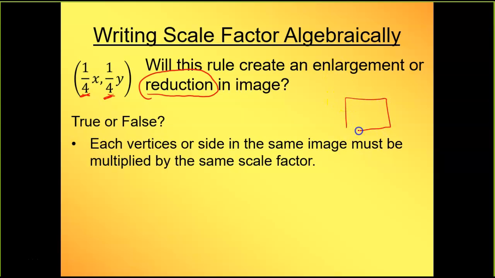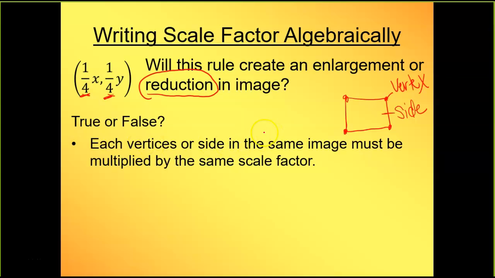If I have this rectangle, I know this is a side, right? Where are my vertices? The corners, the points. If I'm talking about just one, that's called a vertex. The plural, all of them together, are vertices.